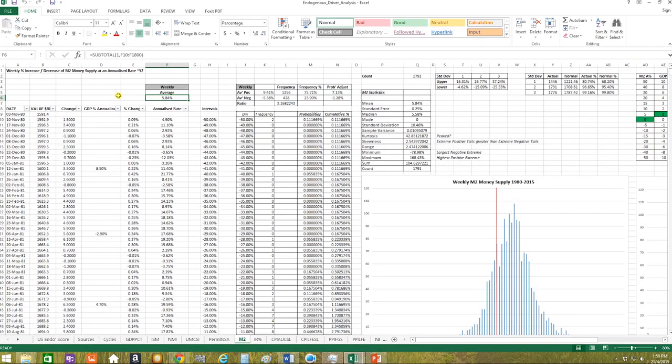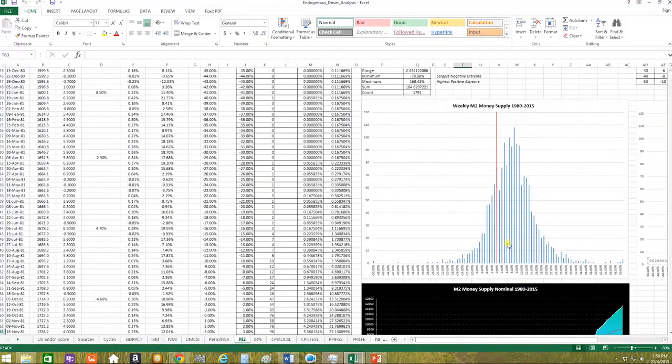So it's always good to get the basic numbers right and understand the behavior, the normal behavior of this economic indicator. And what we've discovered almost straight away is that the normal behavior of M2 money supply is to see a constant annualized growth rate of just below 6%. Now, what we're trying to figure out here is what's normal, what's not normal.